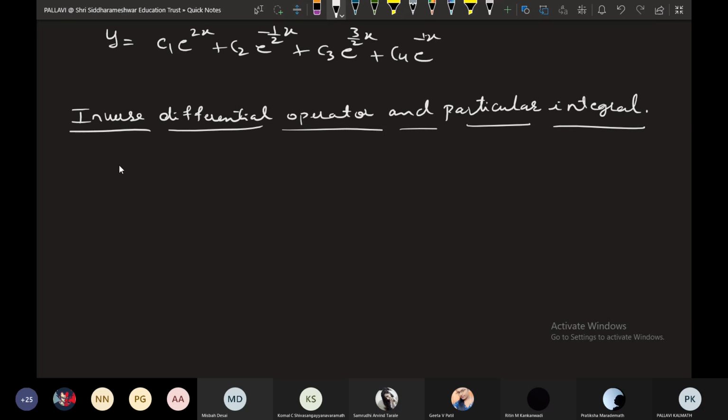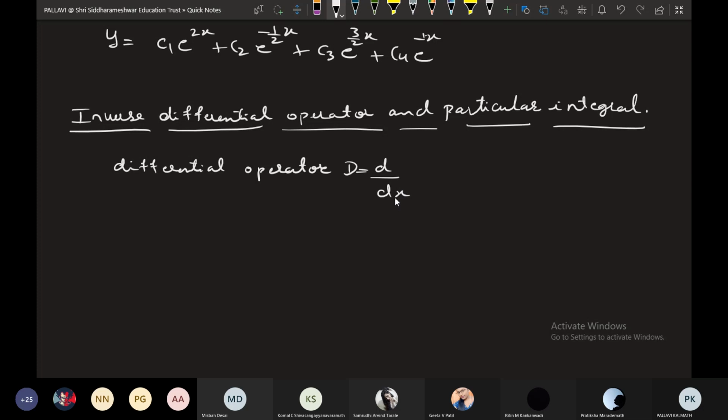Now, the differential operator we have used already. What is the differential operator we have used so far? D. This is the differential operator, and it is nothing but d by dx.